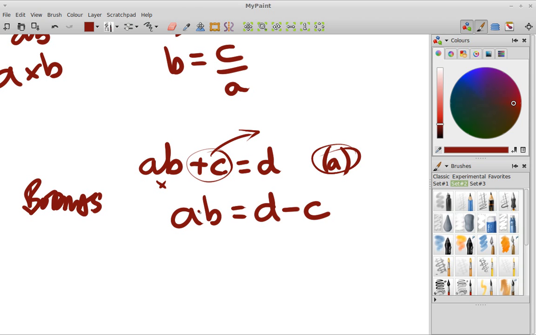It's still been times by B. So we're going to take times B across and get divided by B. So we're going to end up with A equals, and D minus C is already there, so D minus C stays there, and because it was there first, it all gets divided by B.